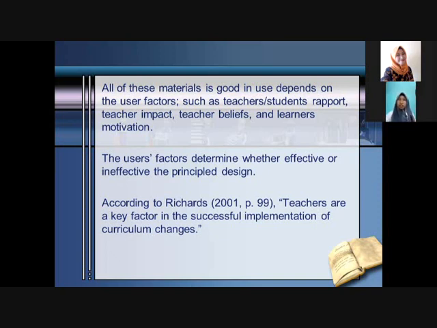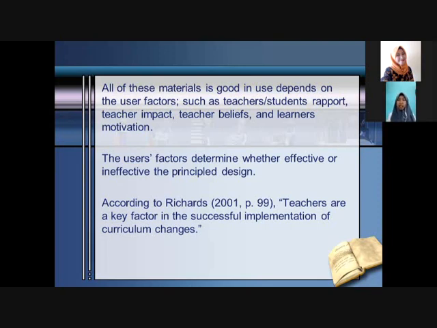Because based on the research, teachers are a key factor in the successful implementation of curriculum change. Why? Because the teacher is the essential part that directly meets the students in the classroom.